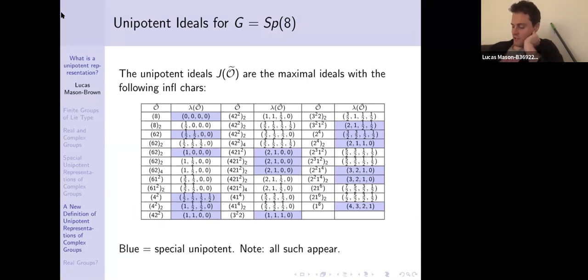And the degree of the covering is indicated with a little subscript. So this first one is the principal orbit, and this last one is the 0 orbit. The second one, for example, is the 2-fold cover of the principal.